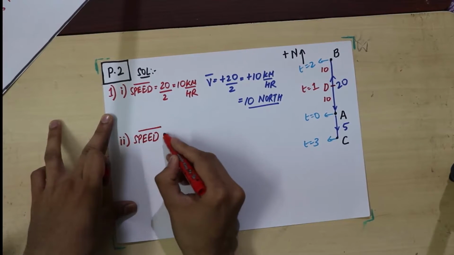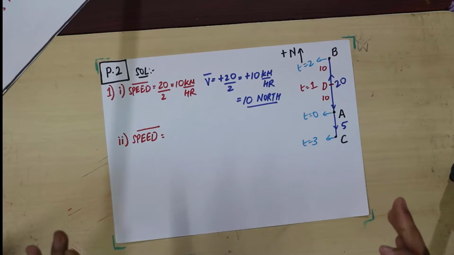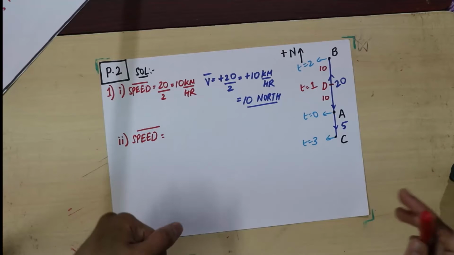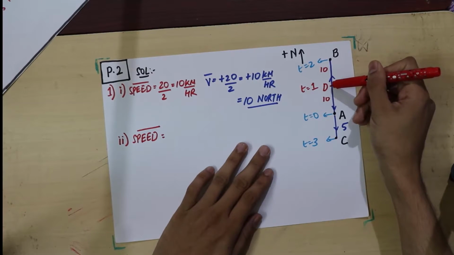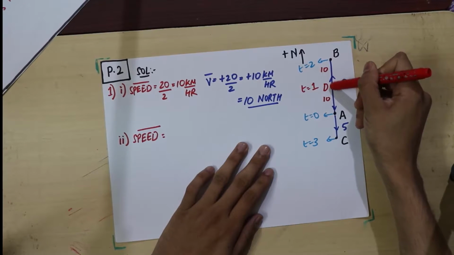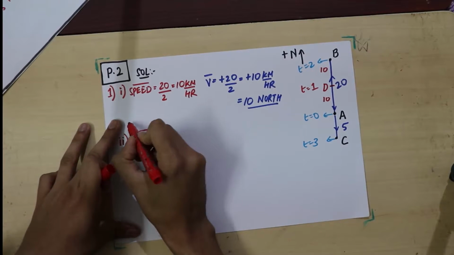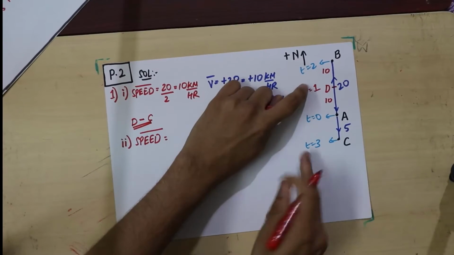What is the distance traveled for the last 2 hours? Pause the video and try to figure this out yourself. Hope you did that. My turn. Okay. What is the distance traveled? Let's see. I have to calculate the distance traveled from here to here. Oh, I forgot to write down the points. I'm doing the physics from D to C. You see that? From here to here.